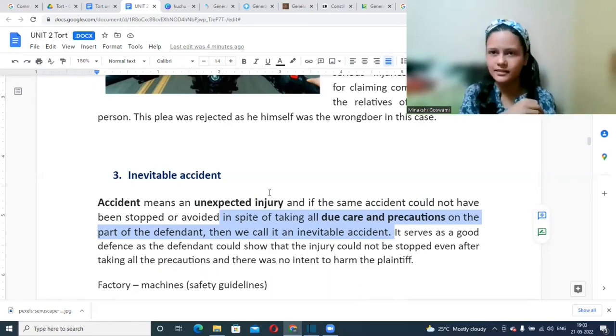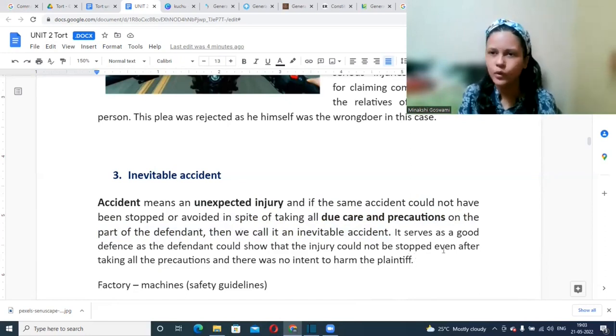Accident is different, but the defense is not accident, the defense is inevitable accident. Inevitable accident serves as a good defense, as the defendant could show that the injury could not have been stopped.